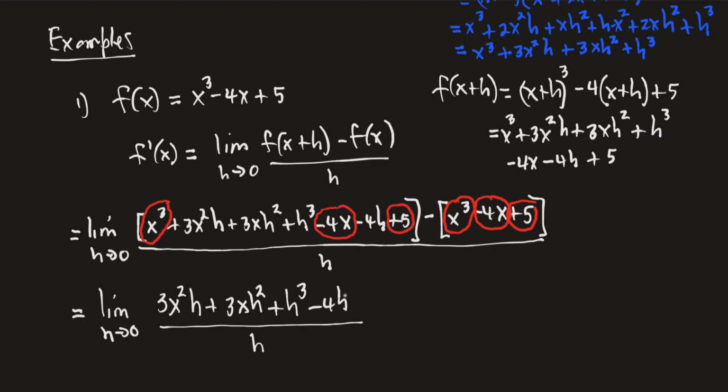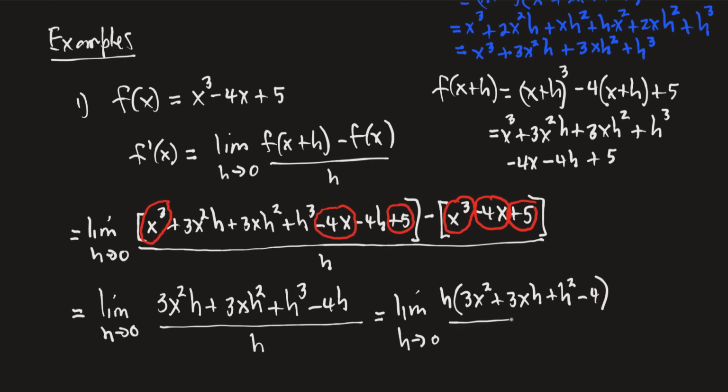Well, why is that good? Because I can factor an h out of the numerator. So the limit as h approaches 0, we can take out an h and look at what we have left. 3x squared, and then plus 3xh, and then plus h squared, and then minus 4.